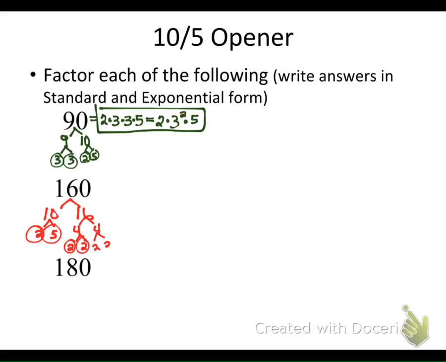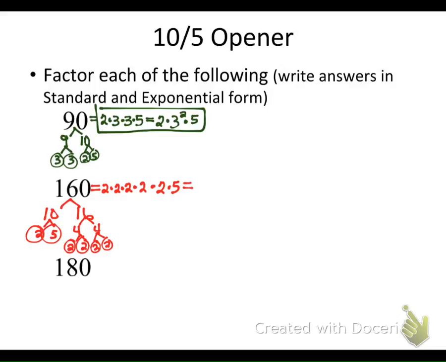Good. All right, standard form, Brendan. I'm going to make sure I put my equal sign in. Then standard form. 2 times 2 times 2 times 5. So how many 2s should I have? 1, 2, 3, 4, 1, 2, 3, 4, 5. Okay.